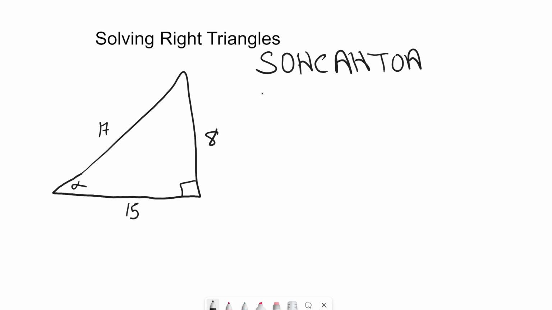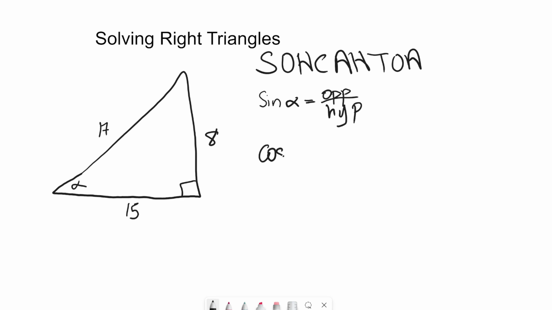So if you recall, sine of alpha, let's be a little bit more specific, is equal to opposite over hypotenuse, right?